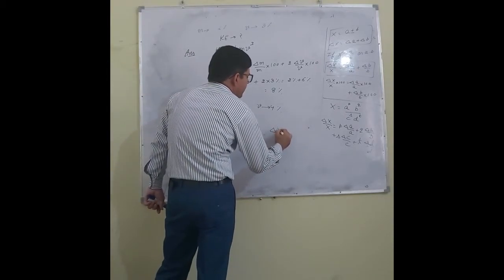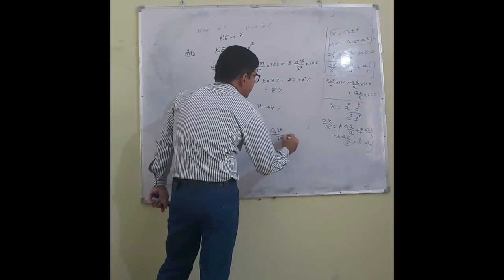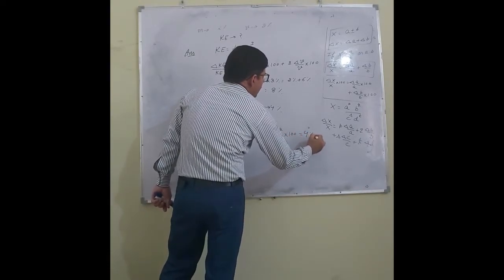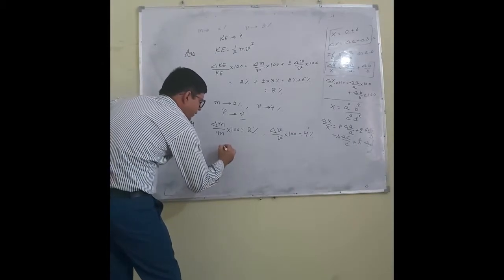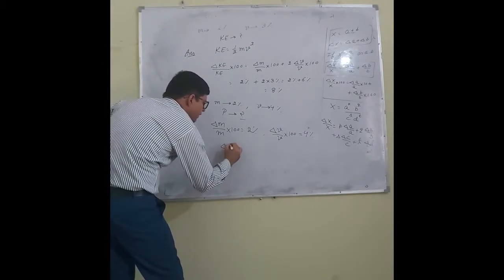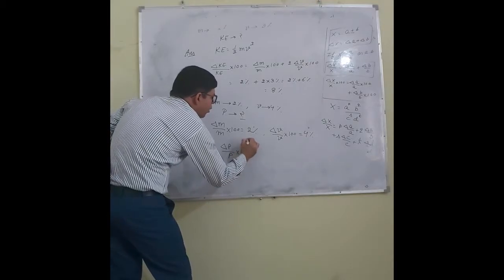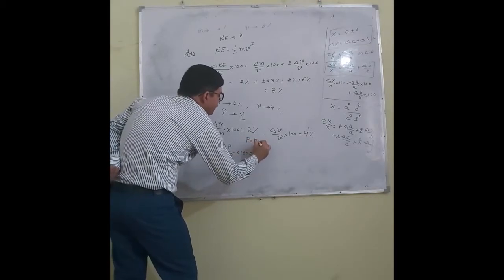And percentage error in velocity, relative error multiplied by 100, is 4%. And what is the percentage error in momentum? P equals mv.